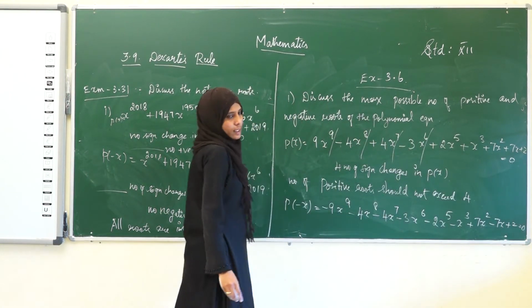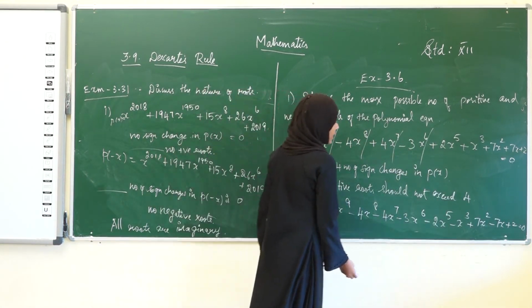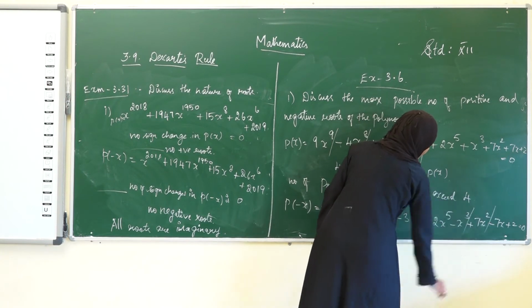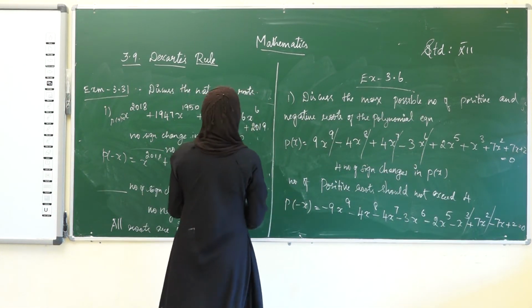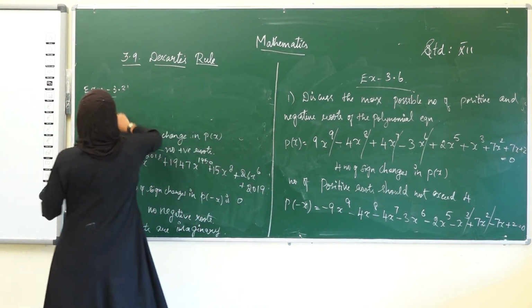That is p of minus x. Now see, what are the sign changes here? Here it is 1 and here it is 2.